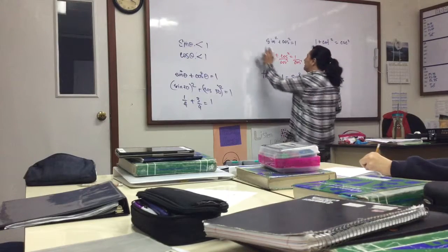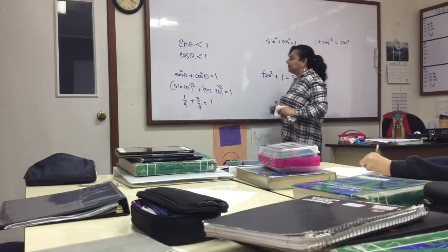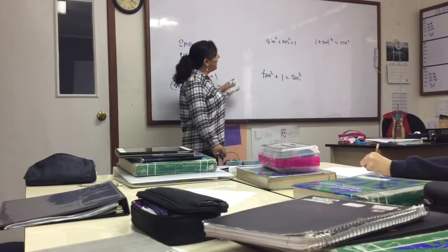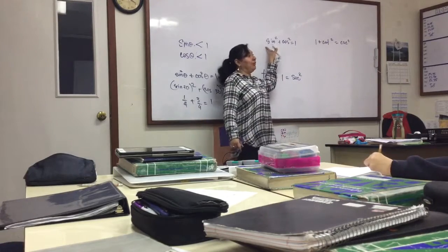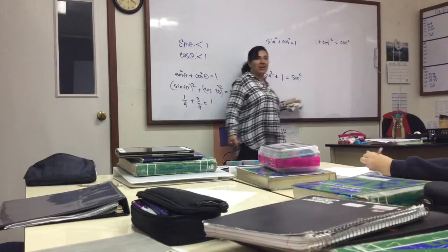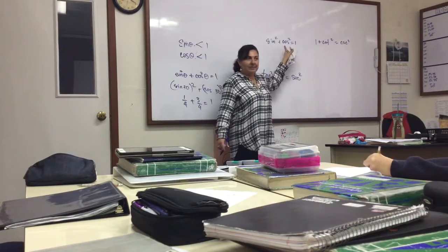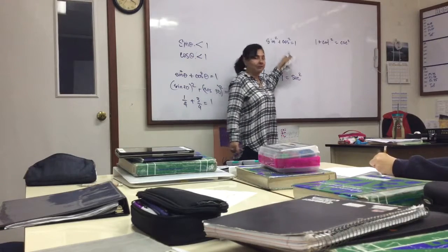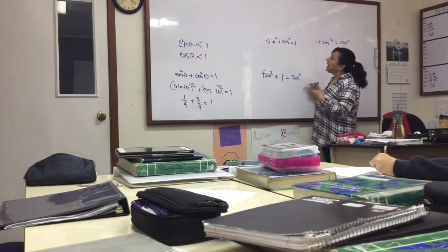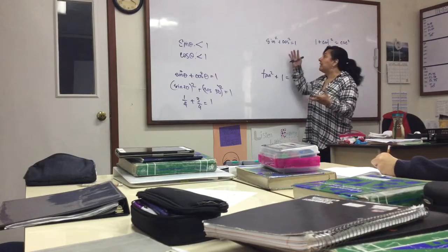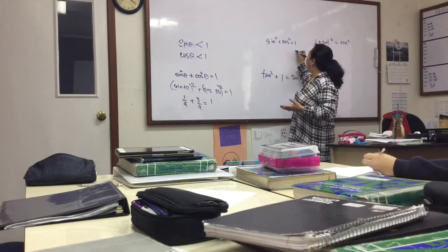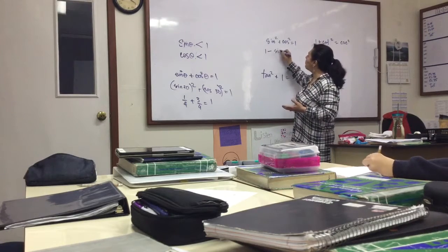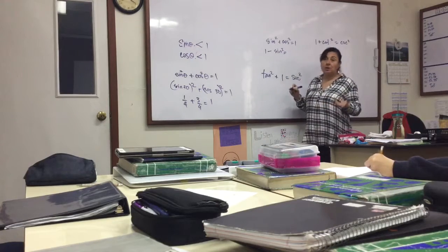Does everybody understand that this is like the mother of all the chickens and these are the chicks? No, these are the babies and this is the mom. This is where everything comes out of. Obviously, I can also move these around. So that means that 1 minus sine squared is going to equal cosine squared.